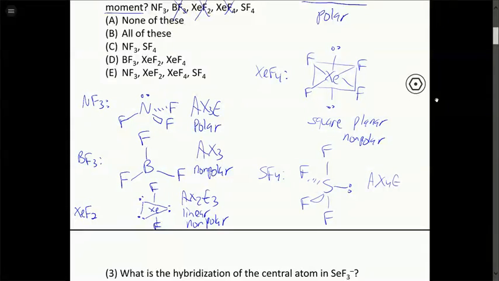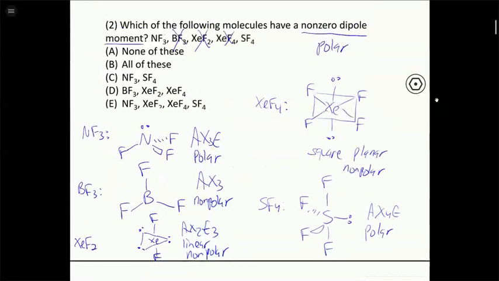And as I said, whenever there's one lone pair on the central atom, regardless of what the total number of electron groups is, one lone pair on the central atom always results in a polar molecule. So AX2E, AX3E, AX4E, AX5E, those are all the possibilities that have one lone pair. Those will all be polar no matter what the X's are. So this one's also polar. So these two, NF3 and SF4, are polar, and that corresponds then to answer choice C again.